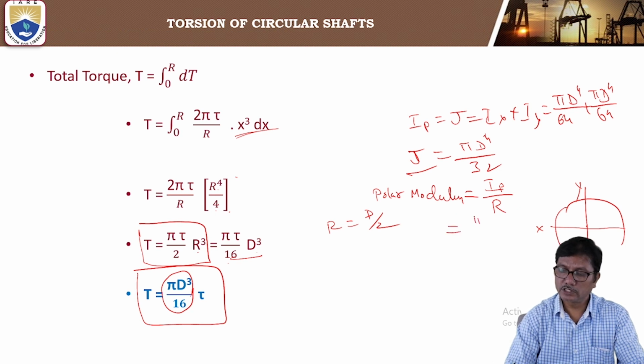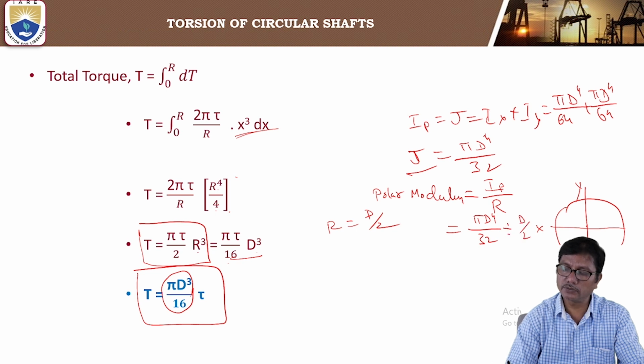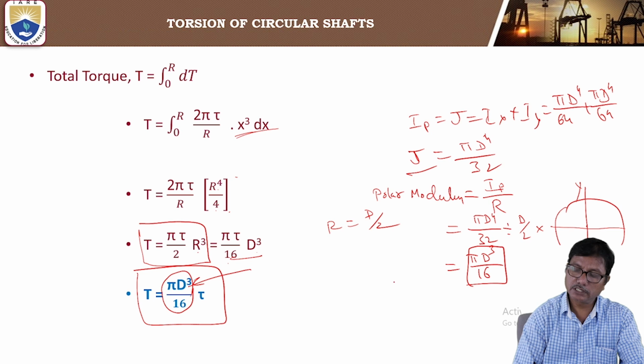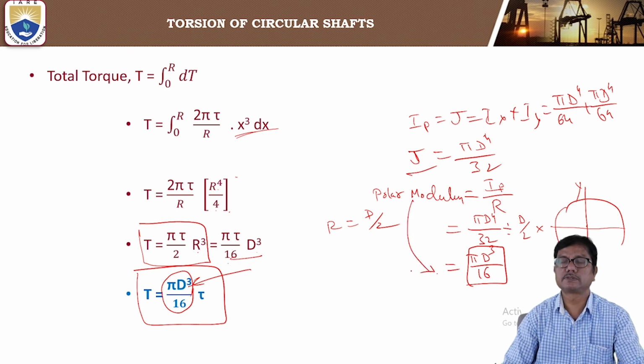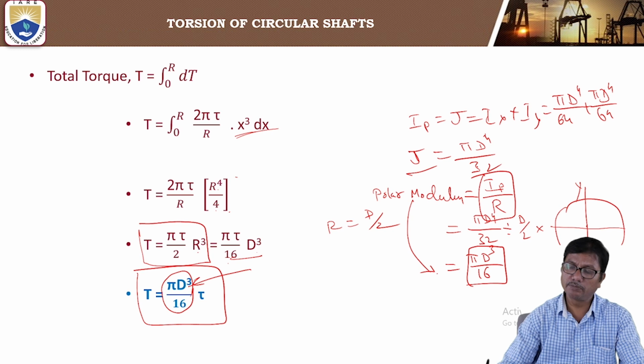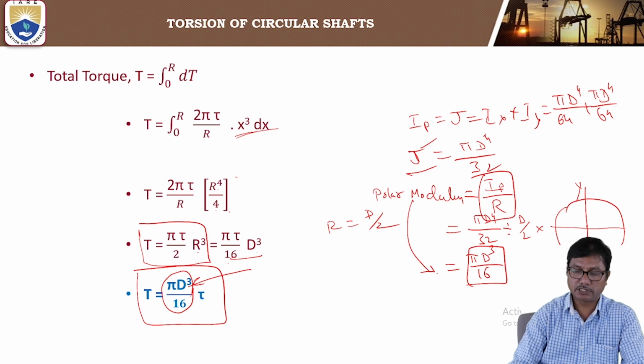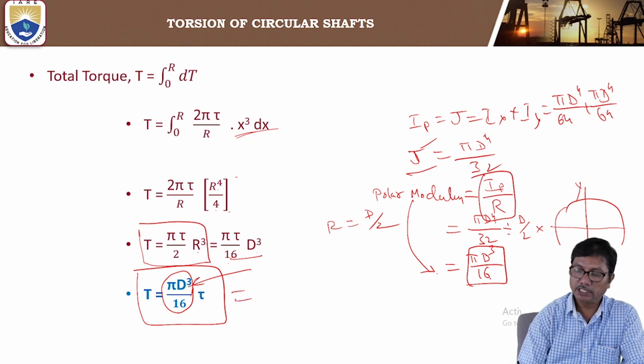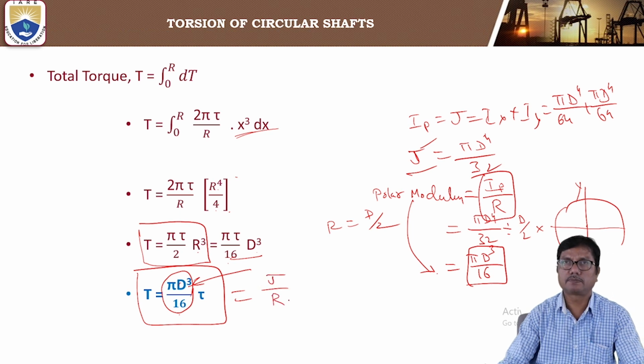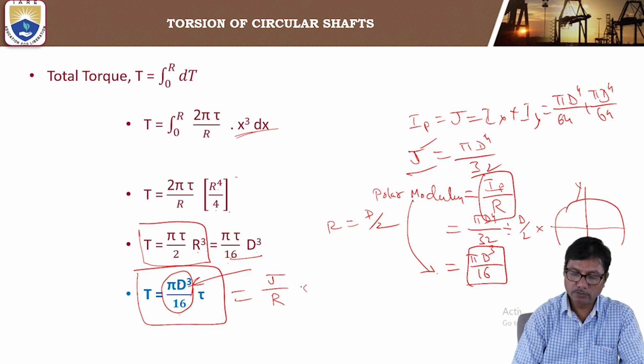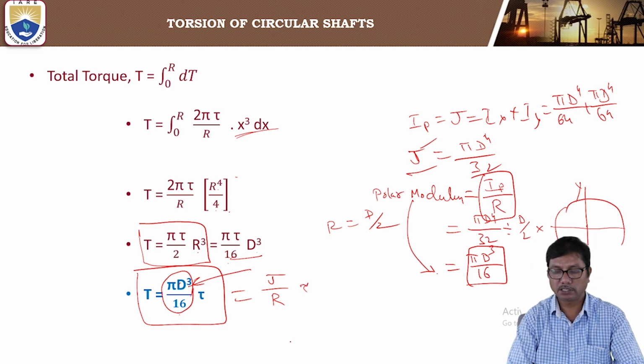Okay, that is pi d power 4 by 32 divided by d by 2, which you will get as pi d cube by 16. So this pi d cube by 16 is nothing but the polar modulus, which is Ip by r, or simply J by r. J is polar moment of inertia. So you can replace this pi d cube by 16 by J by r into tau. J by r into tau.